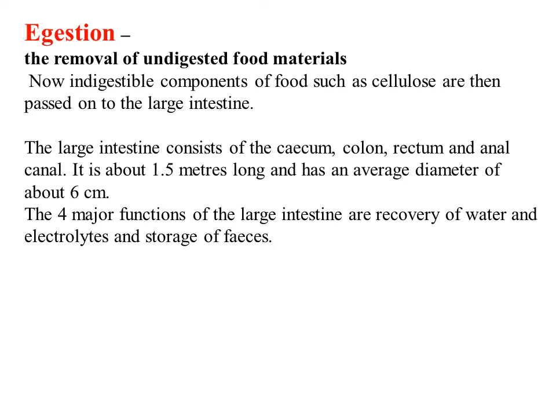Then the undigested food is stored in the large intestine and turns into fecal matter, and it is ready to go out from our body through the anus. This process is called egestion. Got it?